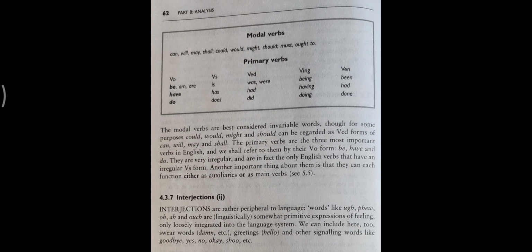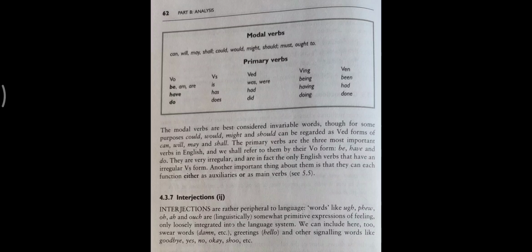As we see, modal verbs modify some of the meaning of the sentence, and we see can, will, may, shall, could, would, might, should, must, ought to are modal verbs.